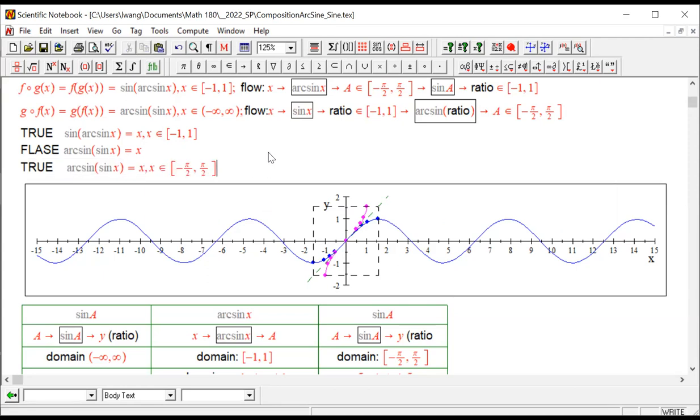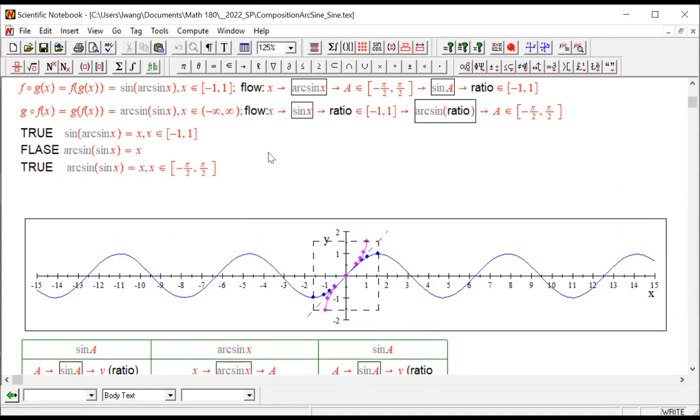Okay, so this has also confirmed. What is being confirmed?